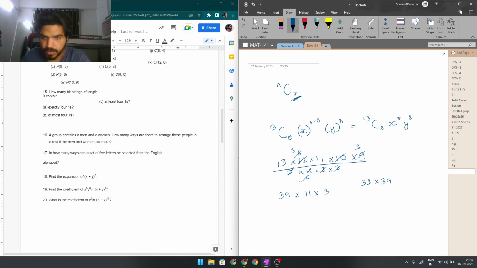A plus b, a minus b. That will be 36 square minus 3 square. 36 square is 1296 minus 9. That is 1287 is the answer. I'm pretty sure this is not the answer. I have messed up somewhere, but this will be the answer.